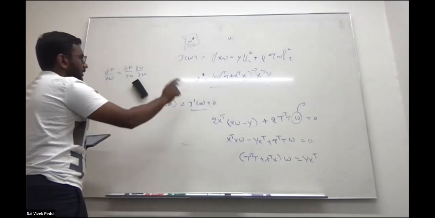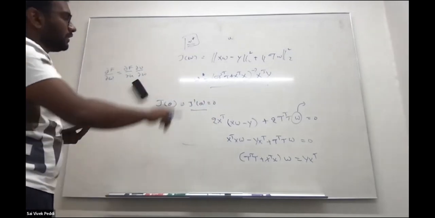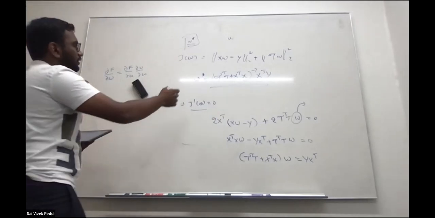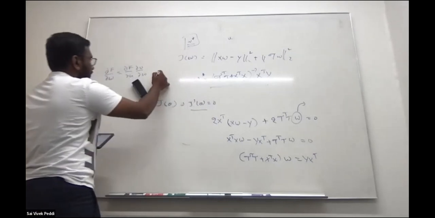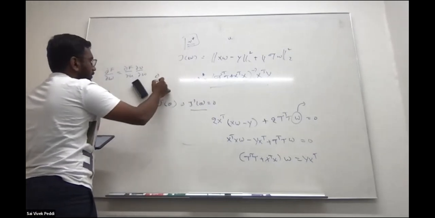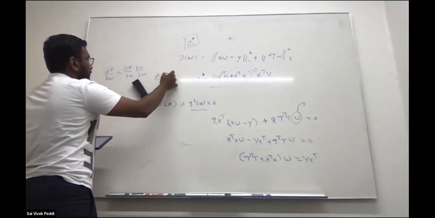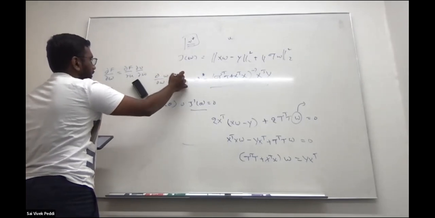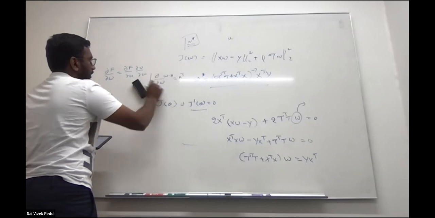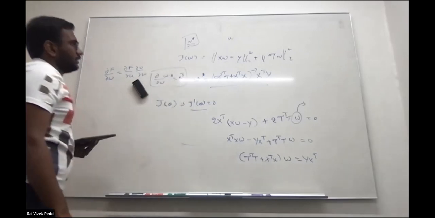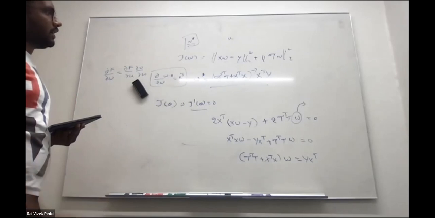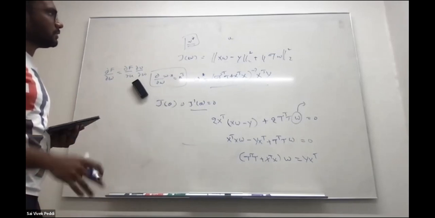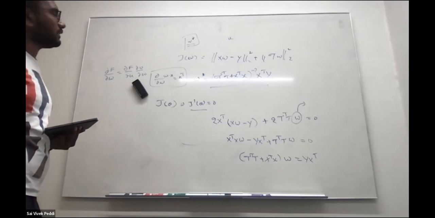The only complexity that you see here is because these are matrices, you should know that dou w of the dot product of x into w is something like x transpose. This kind of chain rule implementation is something that is very different. That's why this question can be classified as a little hard.